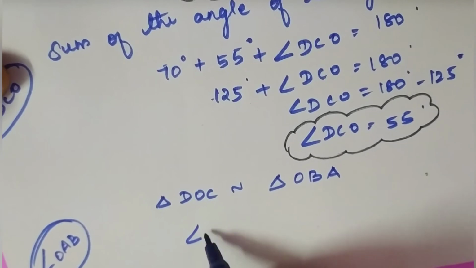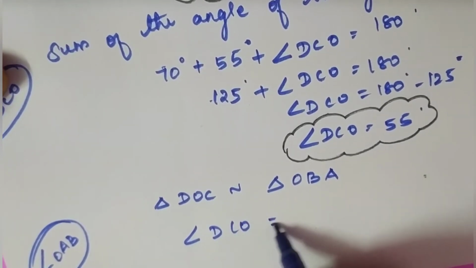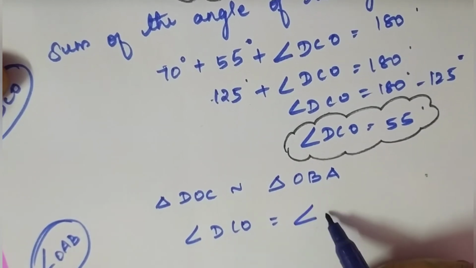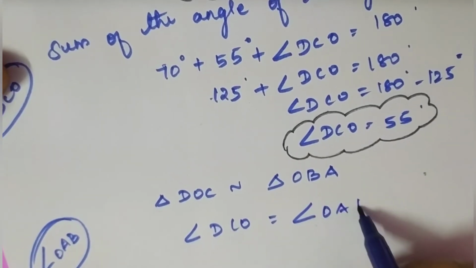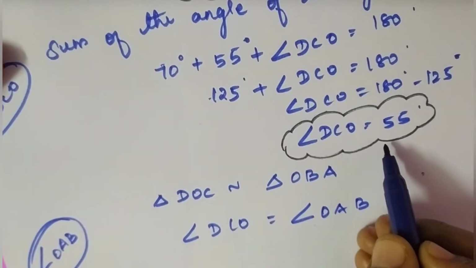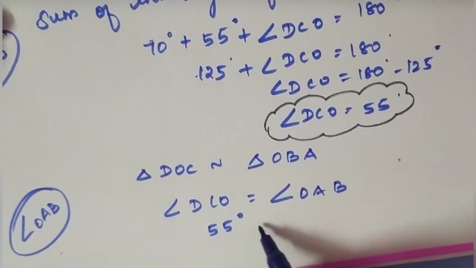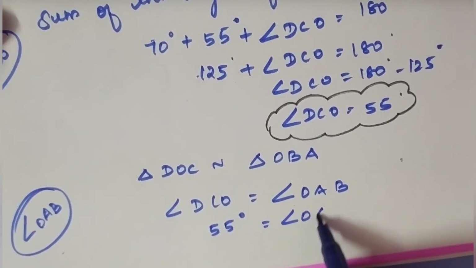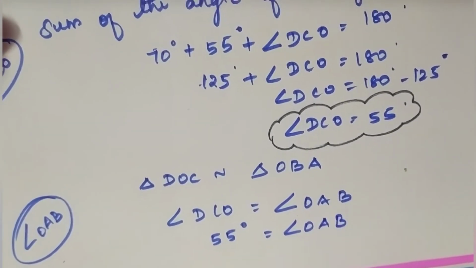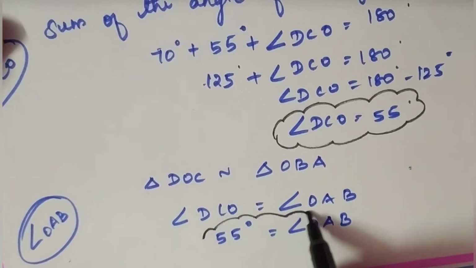So angle DCO is equal to angle OAB. DOC is nothing but 55 degree. So 55 degree is equal to angle OAB. So that one also 55 degree.